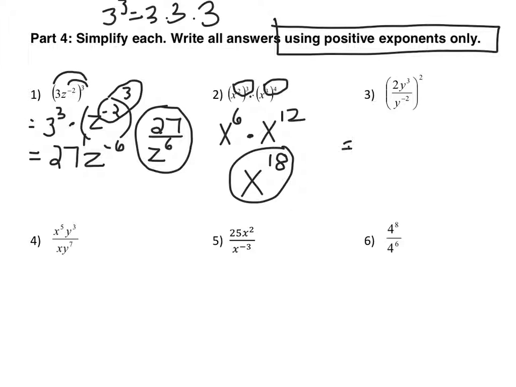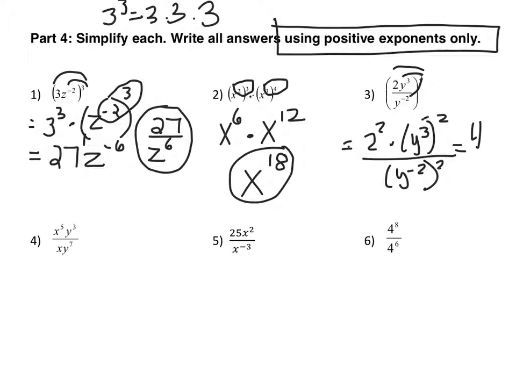This one's very similar to number 1, except we have a denominator as well. So I'm going to apply that exponent of 2 to everything in the parentheses. In the top I get 2 squared times y to the 3rd squared divided by y to the negative 2 squared. 2 squared is 4.